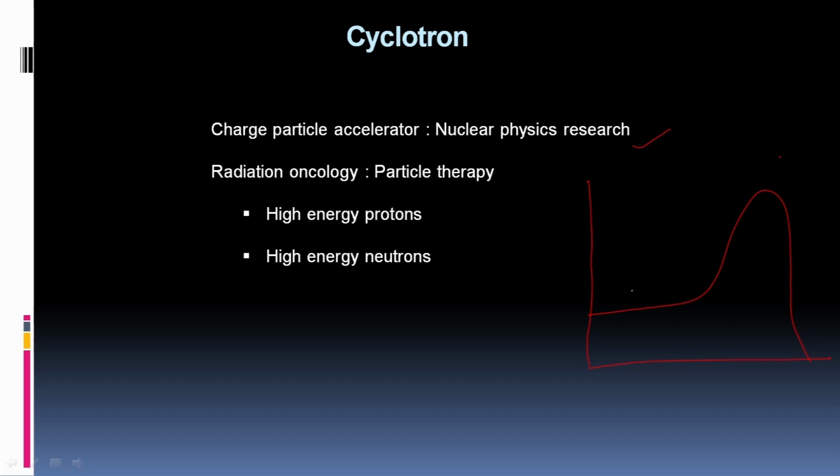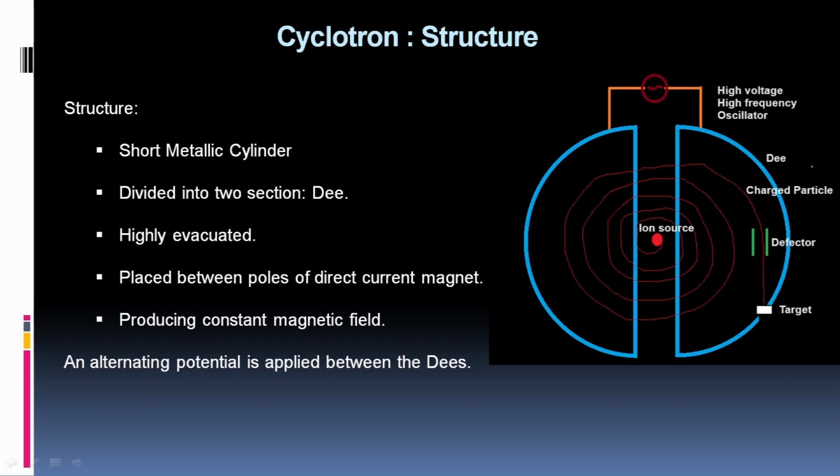So the superficial structures placed before the target volume are spared. This is known as the Bragg peak, and this is the distinct advantage of particle therapy. And the cyclotron is the equipment which gives us heavy charged particles like protons, pions, and also neutrons. We also discussed the interaction of neutrons with matter during our first or second classes. Now here is the cyclotron.